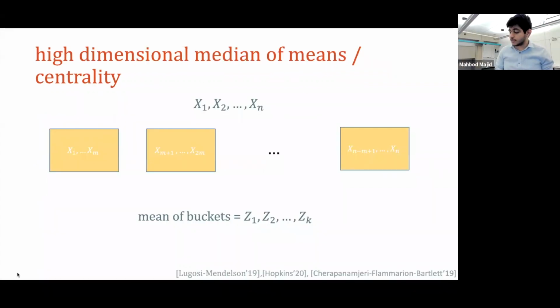These algorithms take samples x1 to xn and put them in k buckets, each having m samples: x1 to xm, xm+1 to x2m, and so on. Then they compute the mean of each of these buckets and name them z1 to zk.